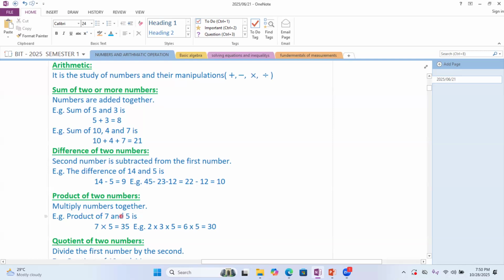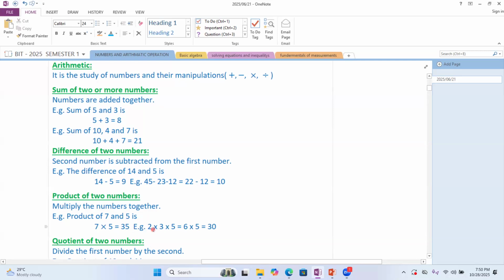Another definition: the product of two numbers means multiply the numbers together. Then the product of 7 and 5 means 7 multiplied by 5, and we get the result 35.